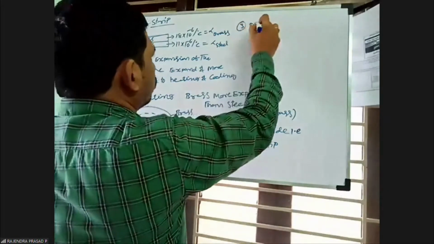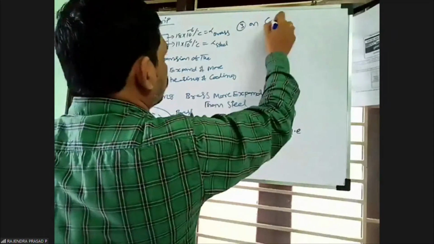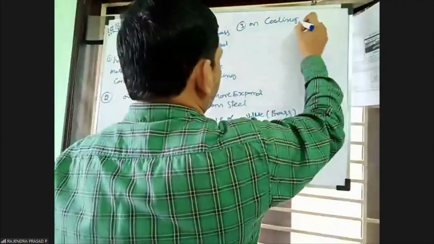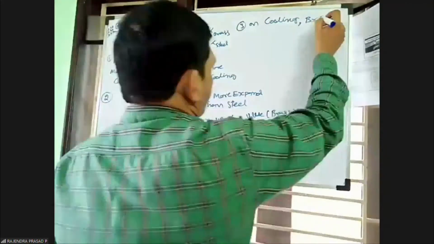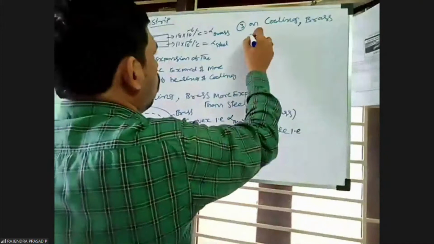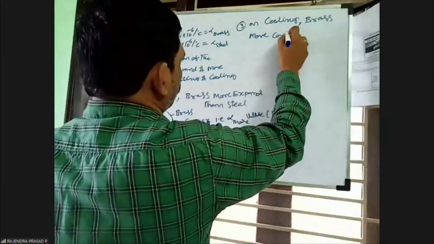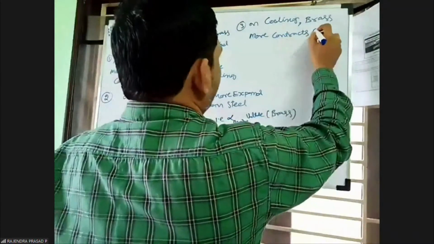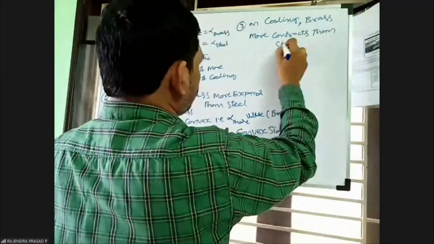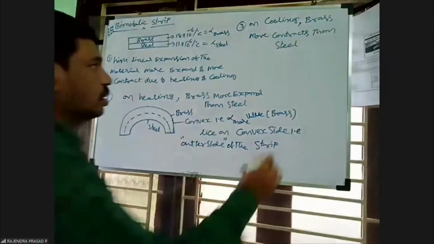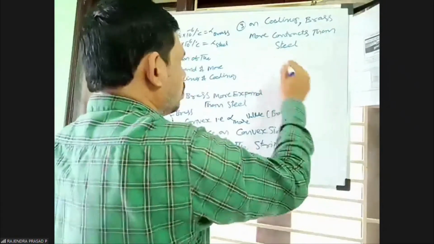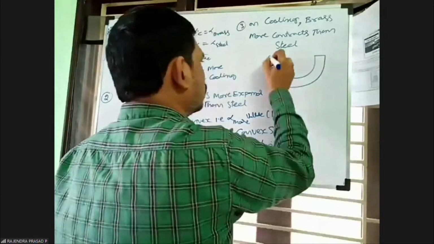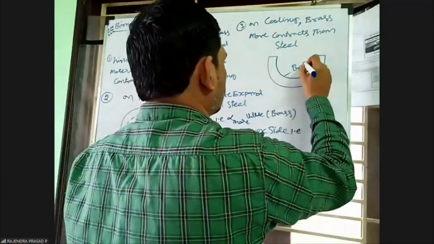Next, third one, on cooling. Brass contracts more than steel. So the shape is reversed. This is the brass, this is the steel.